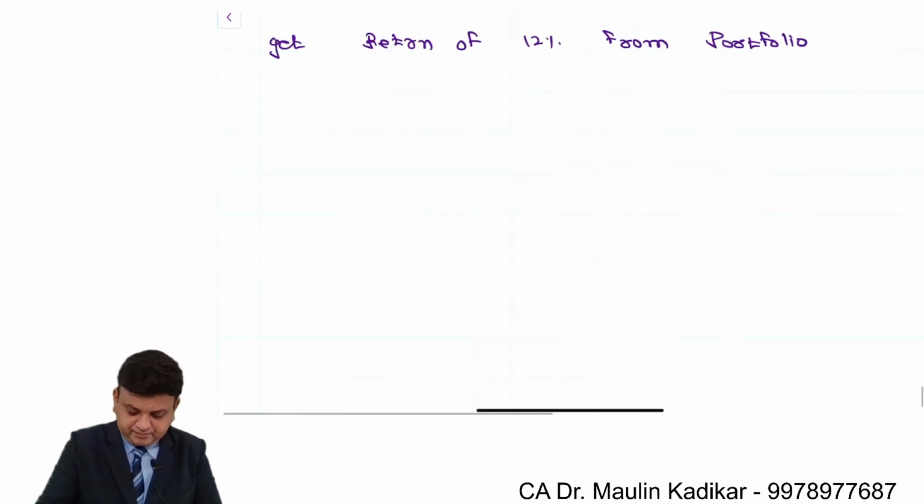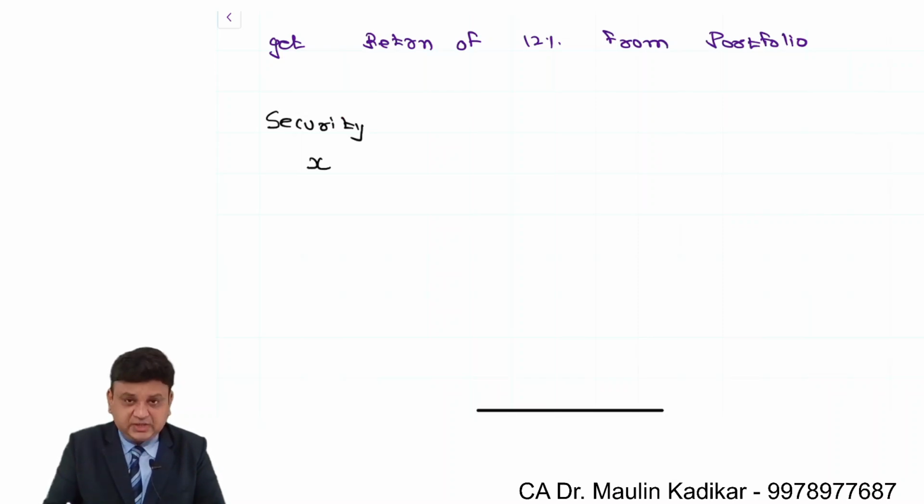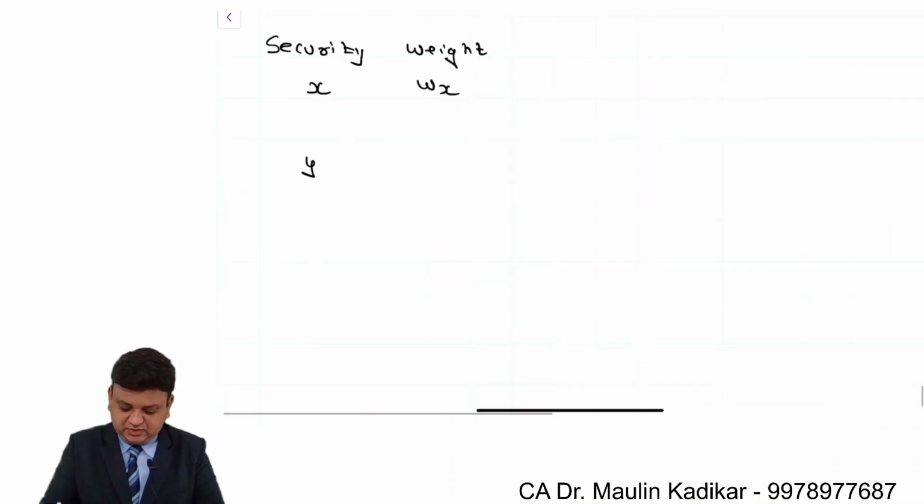In column number 1 we have security X and security Y. Weight or proportion: this is, let us say, WX, and the other will be 1 minus WX, because the total is always going to be 1.